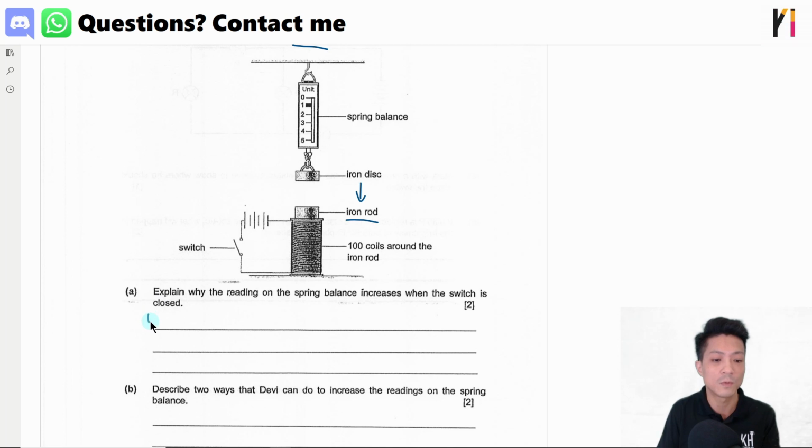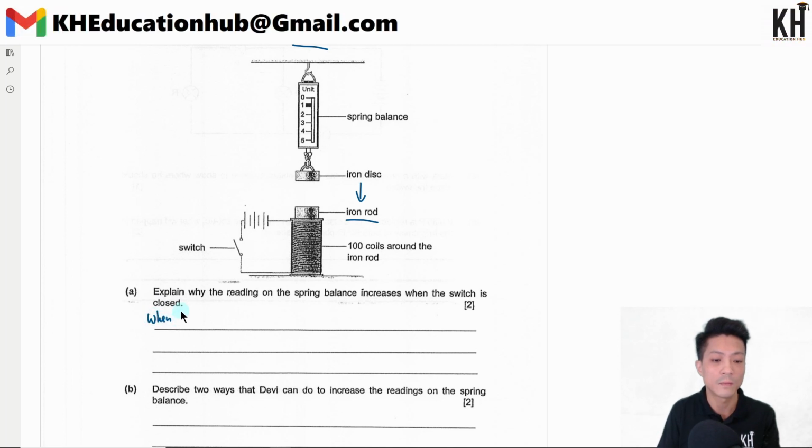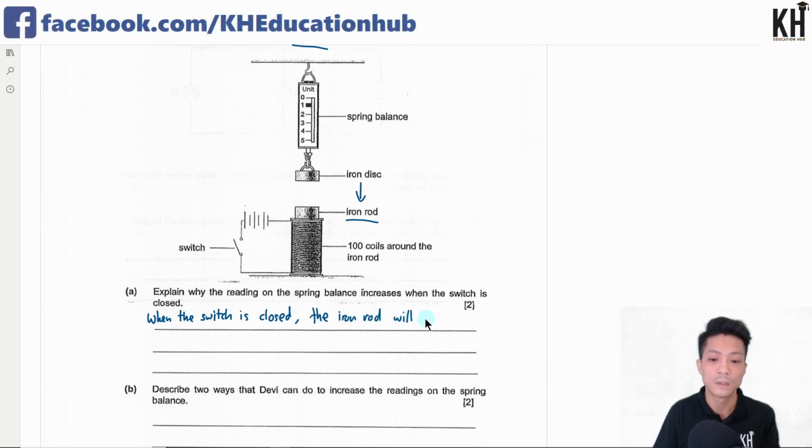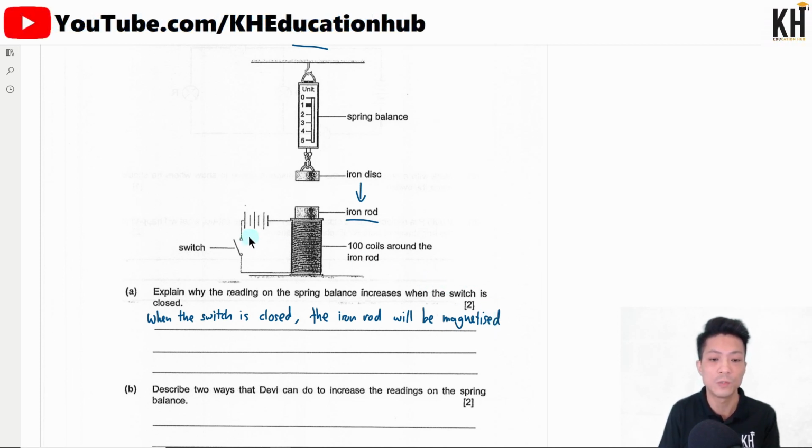So I'm going to start with when the switch is closed. The iron rod will be magnetized. Please do not say that it will become an electromagnet, because even when the switch is open, it is already an electromagnet.